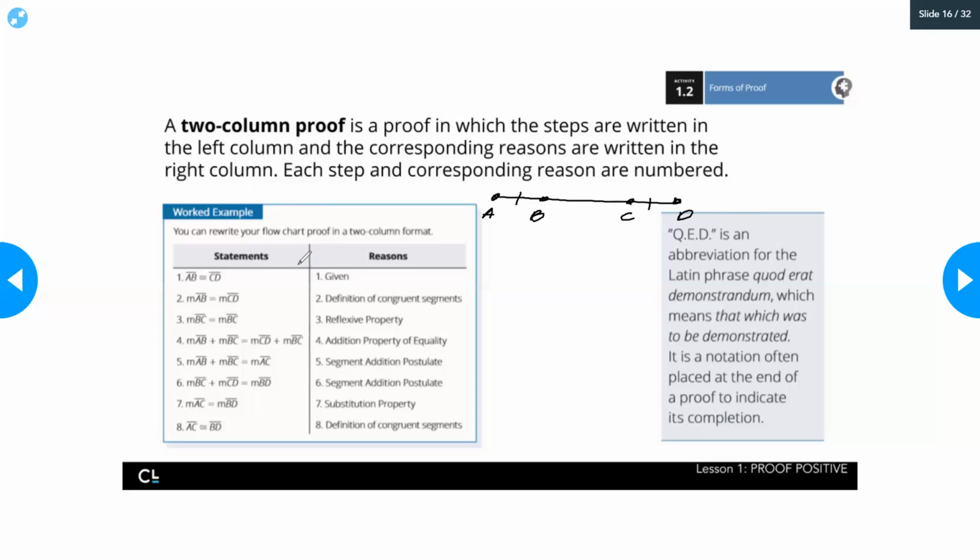Okay. So remember, here's how the flow kind of works. We are going to work left to right, but then also up to down. So everything from here to here should be linked up.